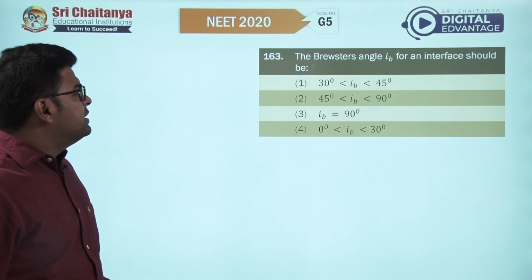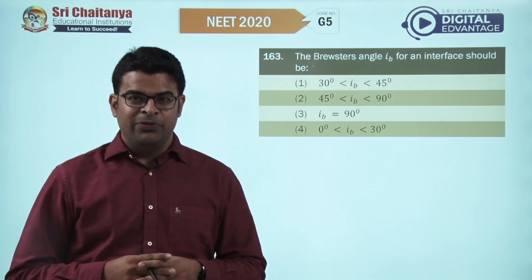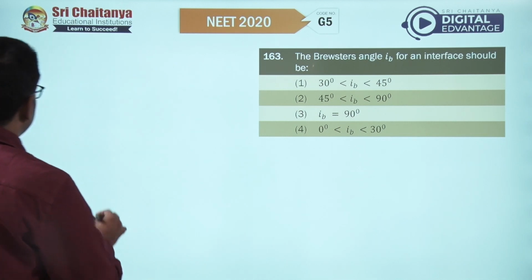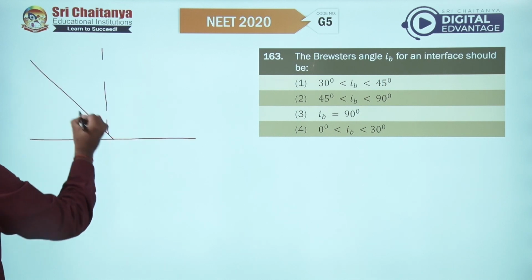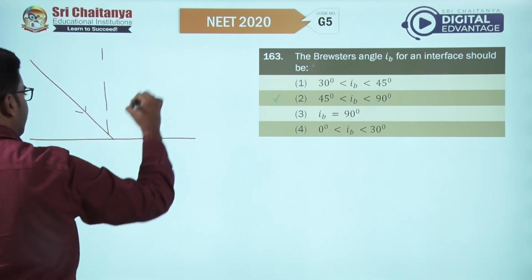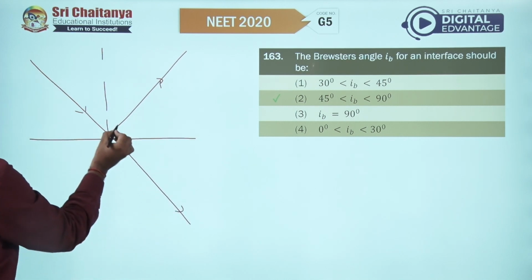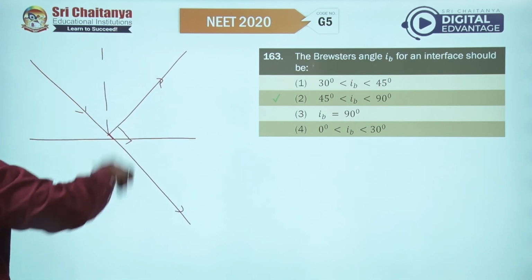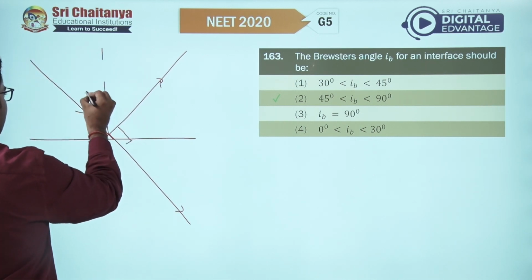Question number 163. Brewster's angle IB for an interface should be... Now, in which range does the value of Brewster's angle lie? What is Brewster's angle? If the reflected ray and refracted ray are perpendicular to each other, then the reflected ray is plane polarized, and here we get the Brewster's angle, let us say IB.